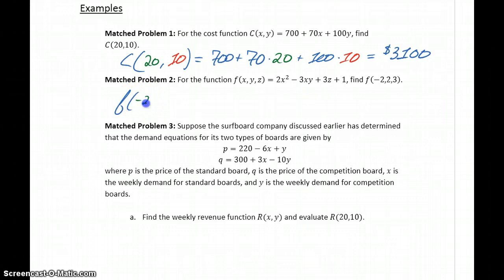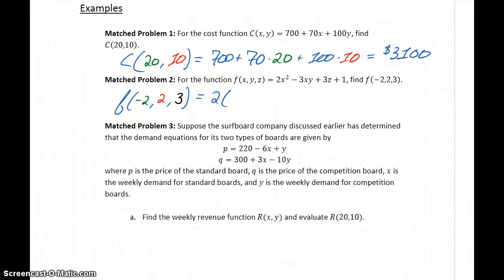We're going to evaluate this at x equals -2, y equals 2, and this new variable z equals 3.